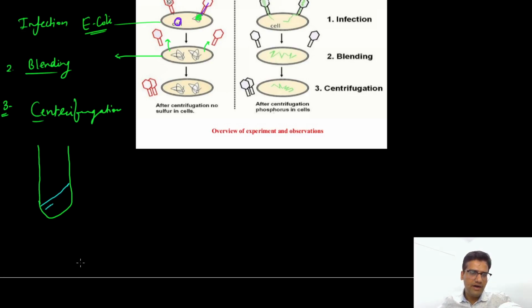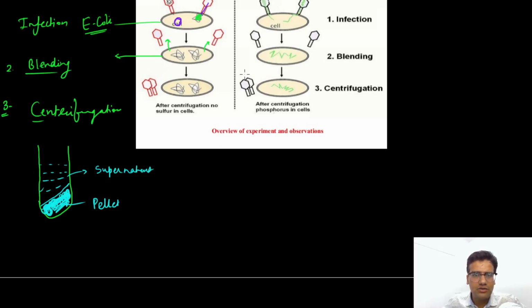This part has the higher molecular weight, or the higher density, and forms a pellet here. So this is the pellet part, and the upper part is present in the form of liquid, and this liquid is the supernatant.